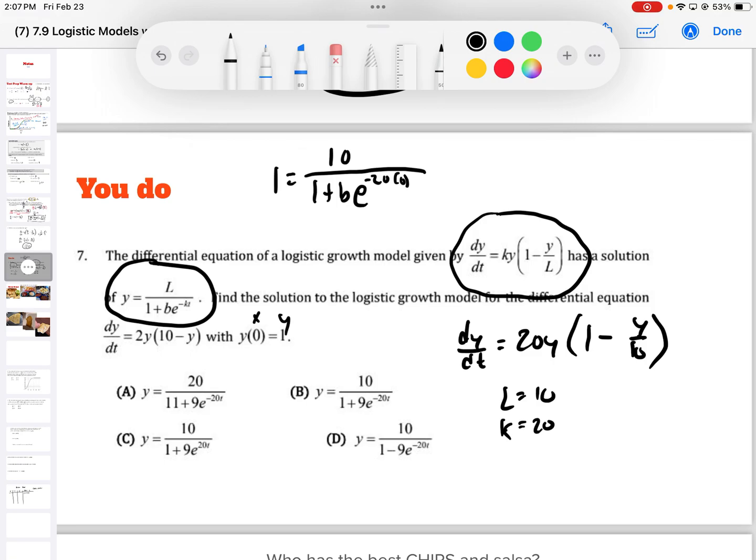But t is 0. Anything to the 0 power is 1. So this part cancels out and it's just 1. So I've got 1 equals 10 over 1 plus b. Hopefully you can look at that and know that the b is 9. If you can't solve it, multiply both sides by 1 plus b, subtract your stuff, and you get b is 9.